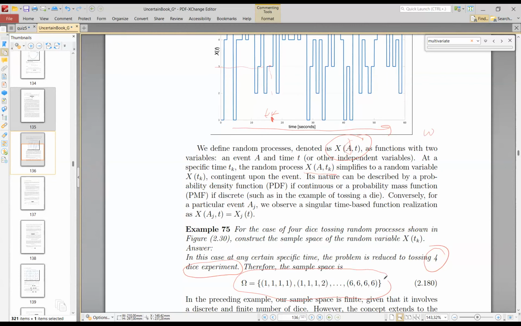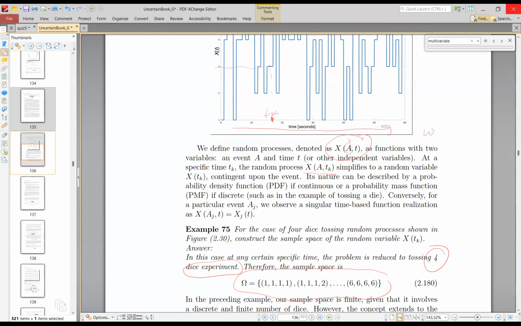You can continue in this way until 6, 6, 6, 6. So you can see you have too many outcomes that you can obtain. For every one, it will be 6, so it will be a large number of outcomes from this experiment.